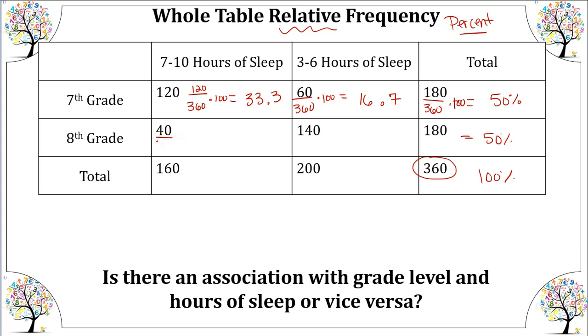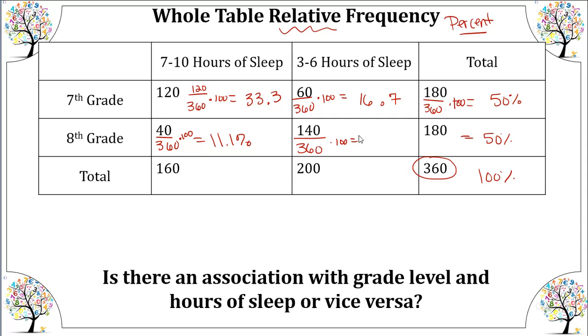Now let's do these. So we're going to divide and then multiply by 100. So divide by your total surveyed. And this is about 1.1%. So don't forget the 100. And then we're going to have 140 divided by 360. So 140 divided by 360 times 100.